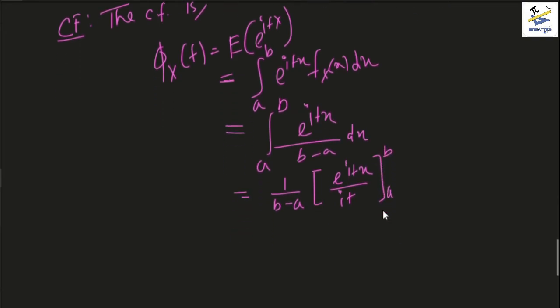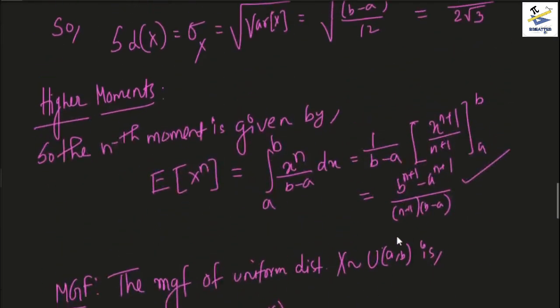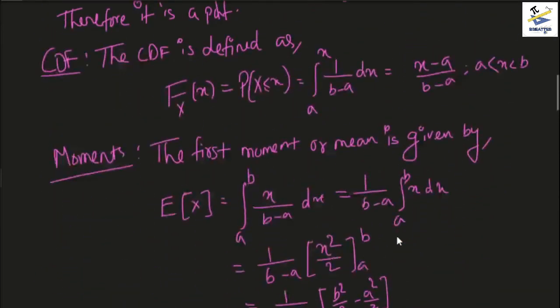So the final answer is that the CF is e to the power itb minus e to the power ita divided by it into b minus a. This is the characteristic function for the uniform distribution. So this sums it all up for the uniform distribution. It was quite an easy one, and so we could cover it in a single session.